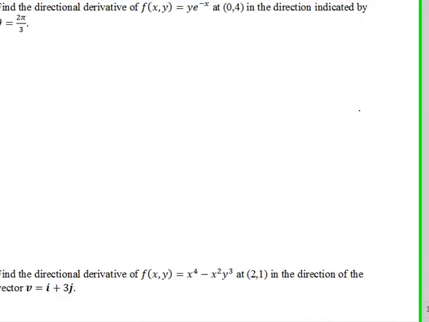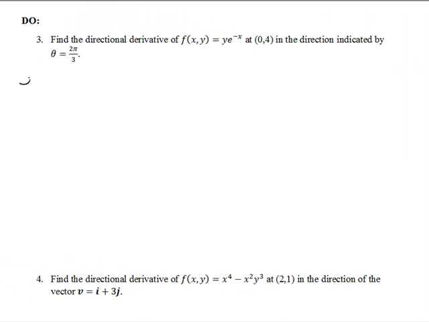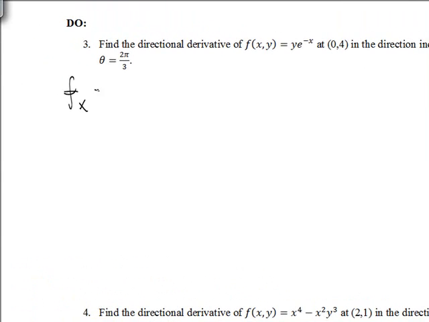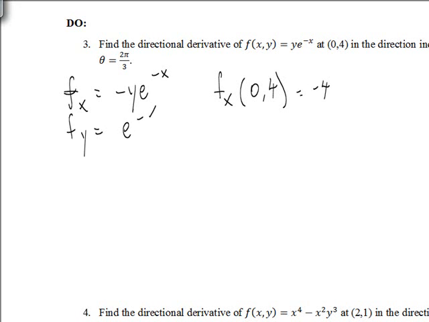So number 3, the partials. Partial with respect to x equals minus y e to the minus x. So be careful, it has to be minus because the coefficient of x is minus. Fx at 0, 4 ends up being minus 4. Partial with respect to y is just e to the minus x.